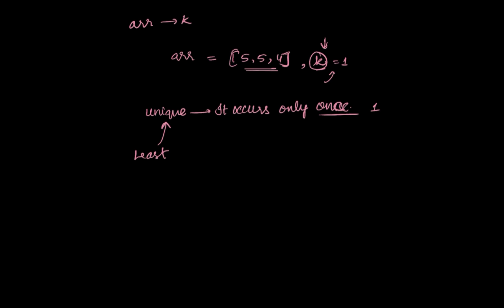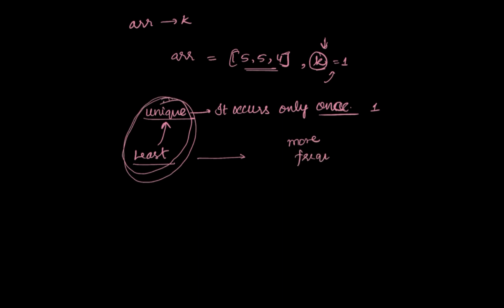For you to have the least unique elements, what is the opposite that you should have? You should have more frequent elements, correct? If you want the least unique elements, then you'll need more frequent elements.